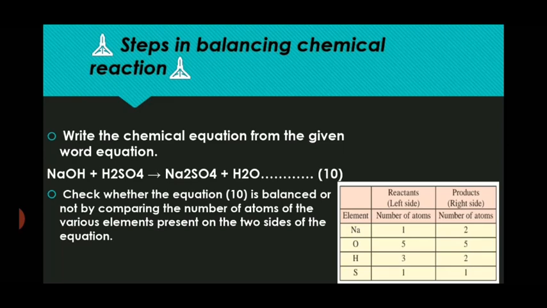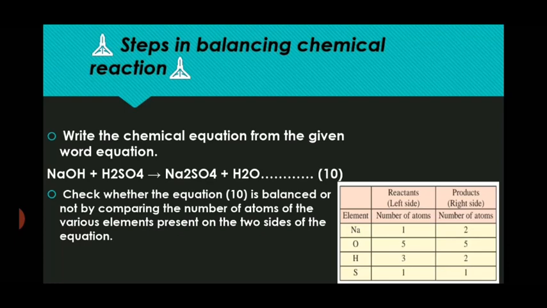Trial and error method means that if the number of atoms you write for balancing is wrong, then we have to balance it again.